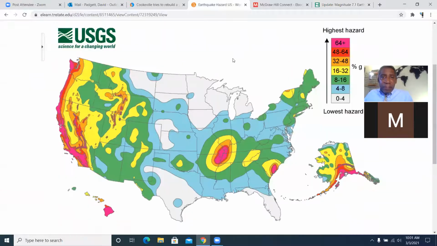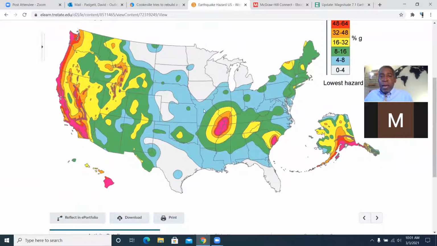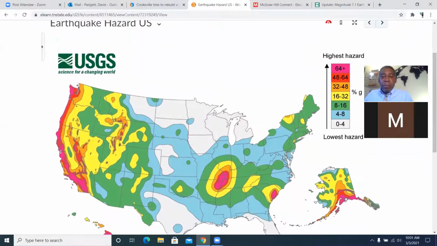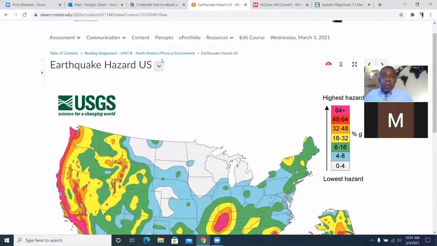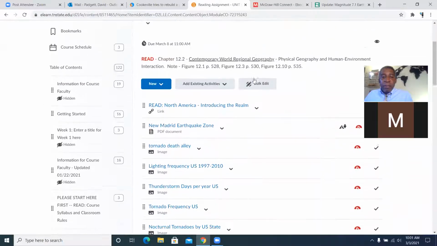Now, notice that there's another big bullseye right around Memphis and St. Louis and Western Kentucky. It's pretty close to where we are. That might be surprising, that there's an earthquake zone here. But that earthquake zone is very active.